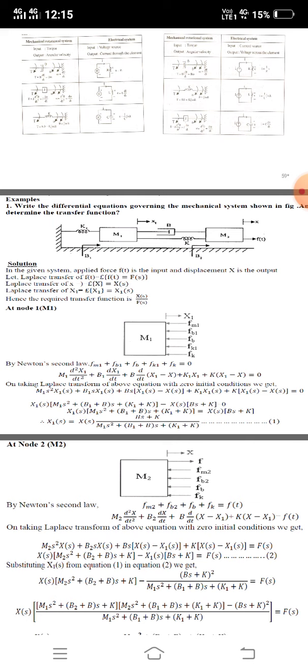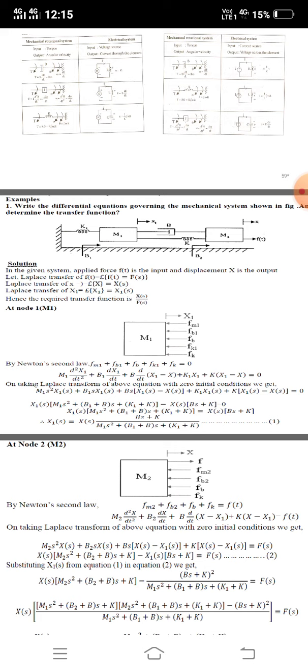There is no input here; x1 is the output. So we apply Newton's second law. There is no input, meaning 0, equal to the sum of total forces: fm1 plus fb1 plus fb plus fk1 plus fk.